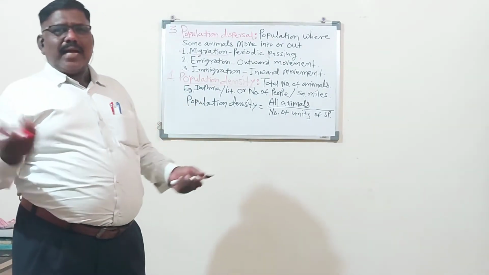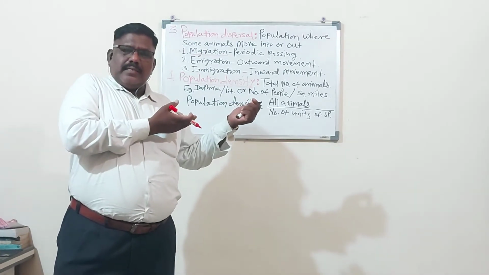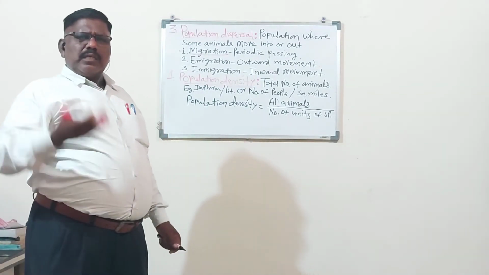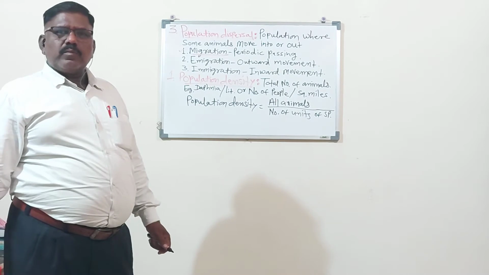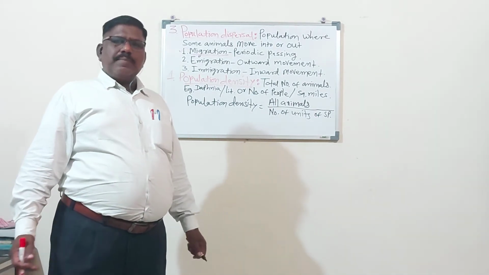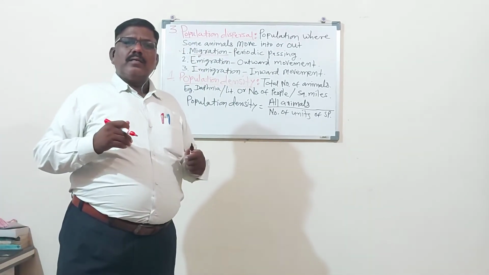In our area different types of the birds are coming. In our very nearest large water body, that is the Eldari Dam, different types of the animals, aquatic animals are coming to the dam. They are called as the visitors, our guests coming to our dam. Why are they coming from anywhere?